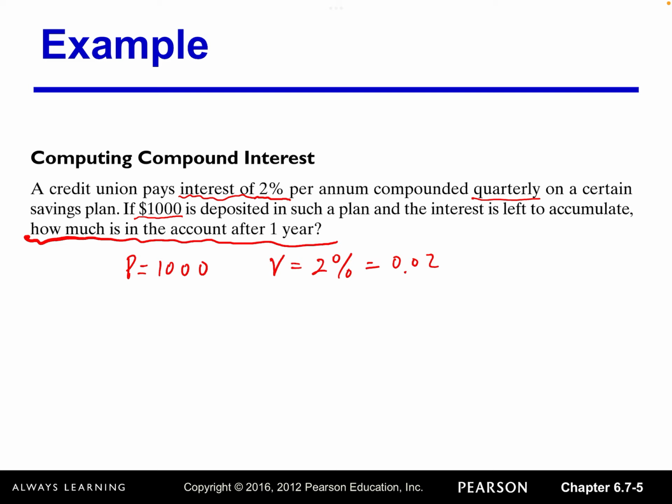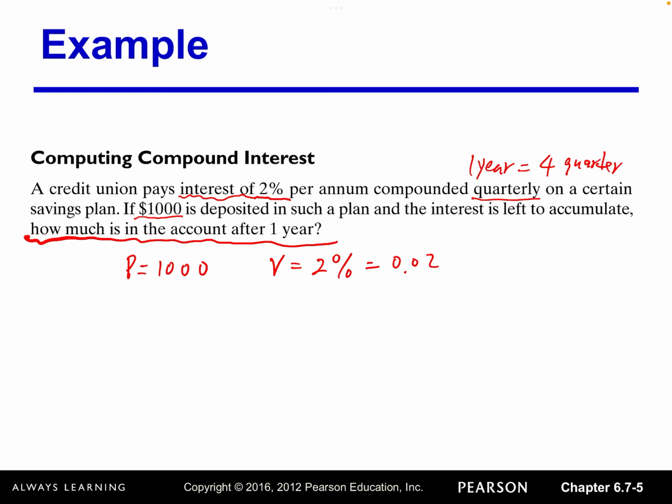And if the interest is compounded quarterly, that means in 1 year there are 4 quarters, right? 4 quarters in a year. And we know the interest is not withdrawn.